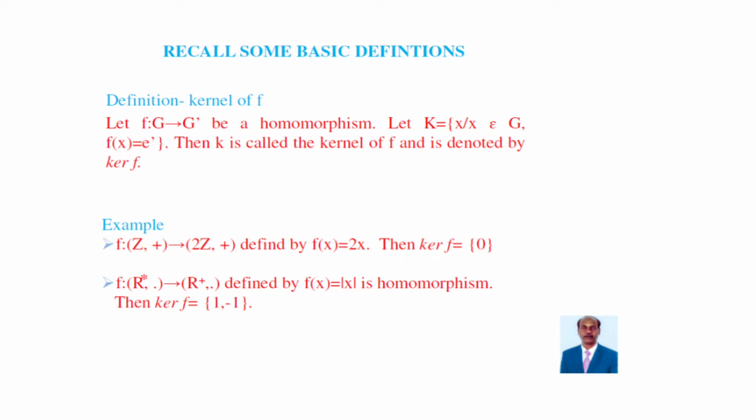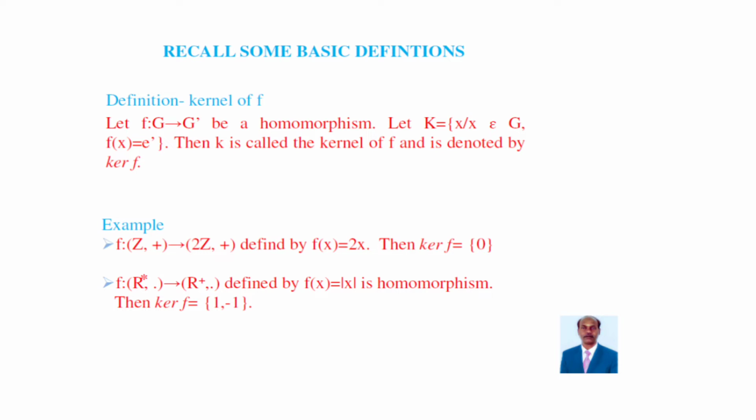If we consider any element belonging to K, then that element belongs to G, and its image is the identity element in G dash. Only then can we consider that element in K. Then K is called the kernel of f and is denoted by kernel f.